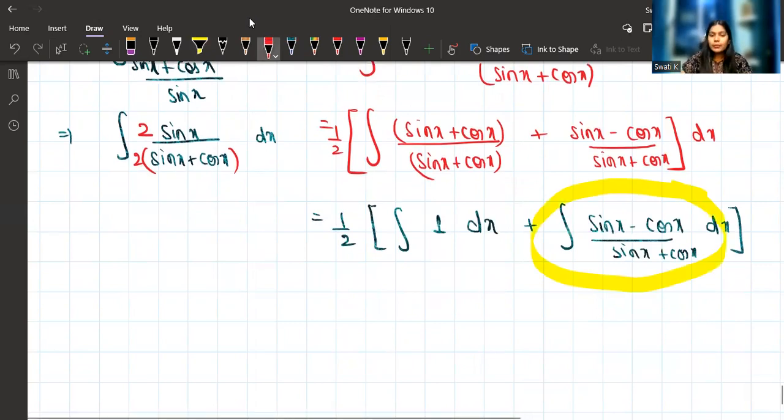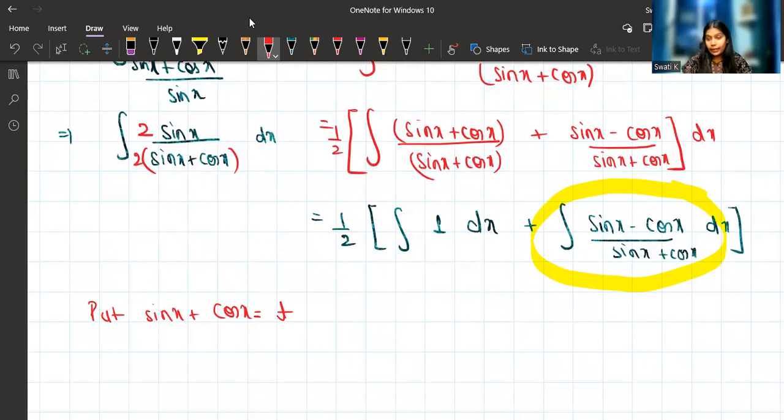So for this, I'm going to do some calculation here by putting sin x plus cos x as t. If I put sin x plus cos x as t, then if I do the derivative, sin x derivative is cos x, and cos x derivative is minus sin x.